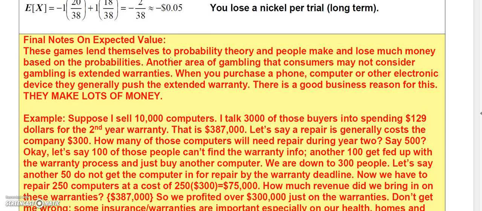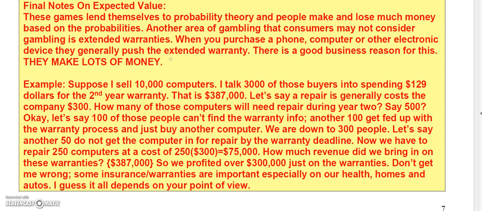Okay? So I'll end with a little example here on warranties, because you probably know that you go into a store, you buy a new computer, you buy a new iPhone, you buy a new iPad, whatever. They always want to sell you that warranty. So let me show you this.